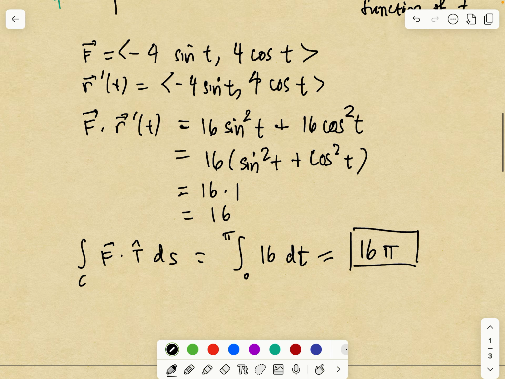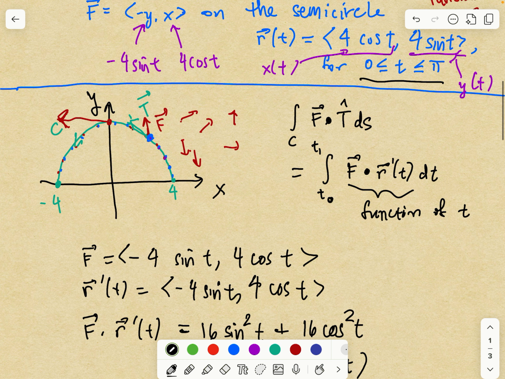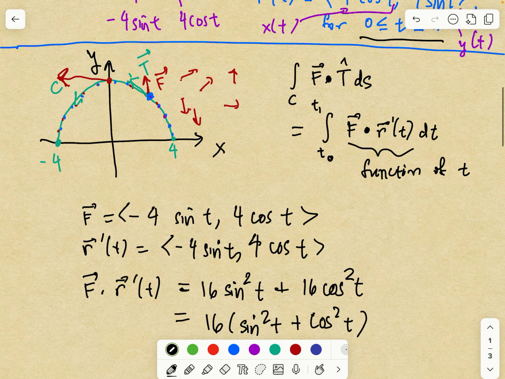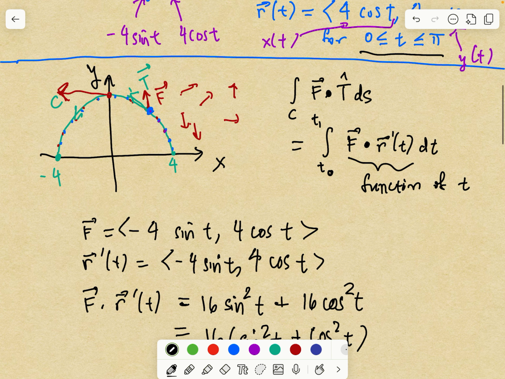And let's maybe say a few words about what this number represents. So you do the integral, you get a number, what does that tell you? Well, roughly speaking, this f dot T is the tangential component of f along the curve.